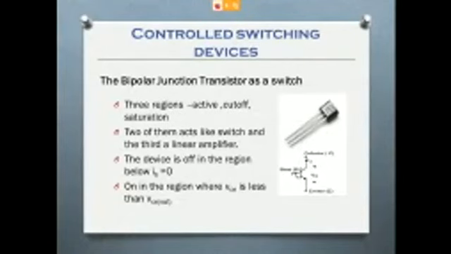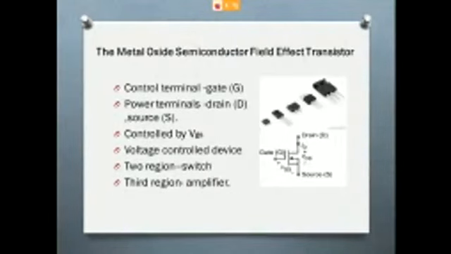If we draw a graph by taking collector-emitter voltage on the x-axis and the collector current on the y-axis, the on state would be on the y-axis, and the off state is collector current equal to 0 and collector-emitter voltage greater than 0, that would be the x-axis. So the y-axis represents the on state and the x-axis represents the off state. Also, the BJT is a unidirectional current and voltage device. So that's all about the BJT.